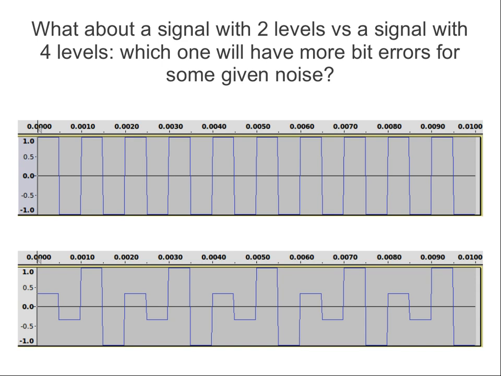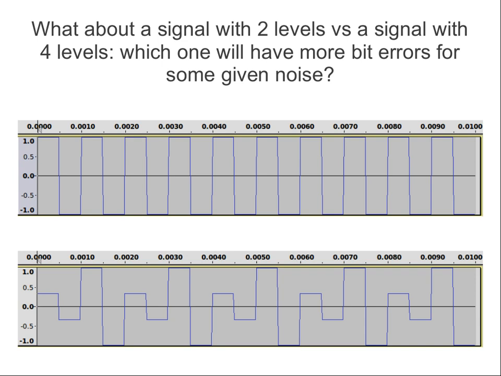So to transmit this random sequence of 8 bits, I would first, for some duration of time, transmit at level 2, and then at level 1 to represent bit 0, level 2, then 1, 1, 1, 2, 2. And in fact, if I drew the signal, it would look something like this.